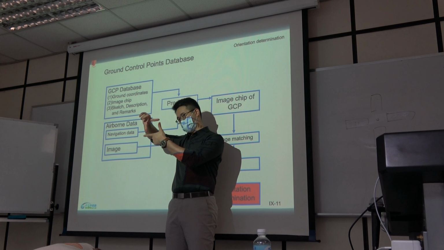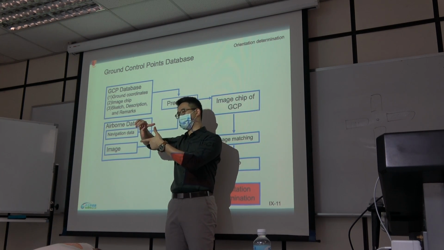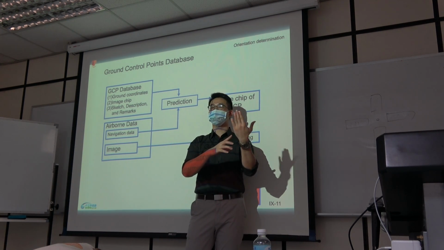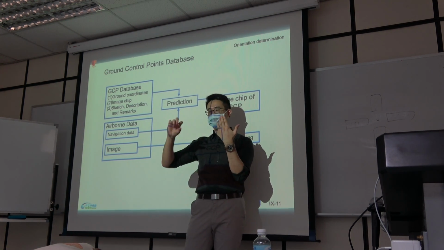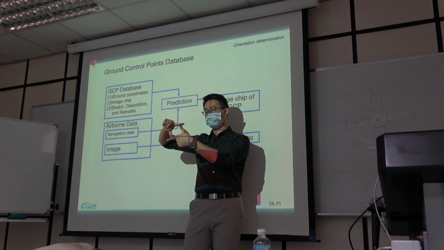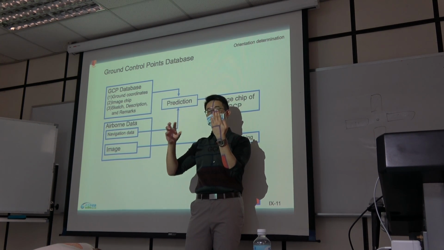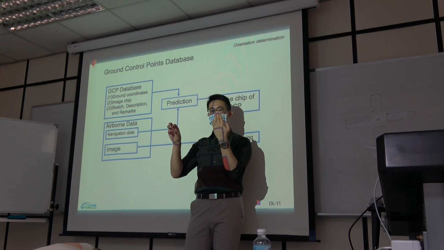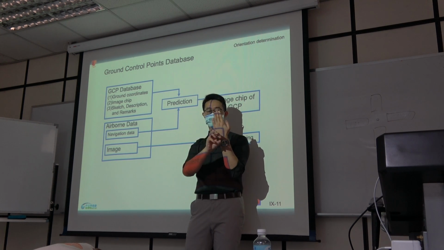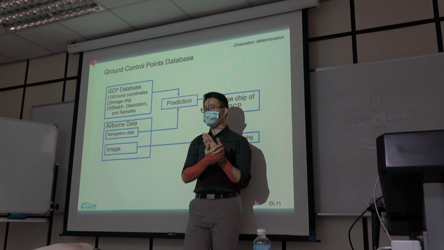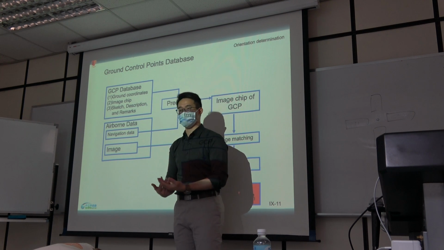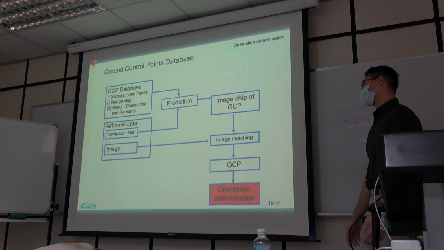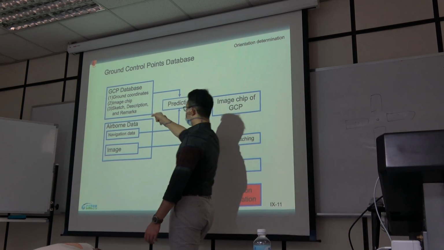It's a small image, and we can use that appearance to perform image matching with the new image that you have. So we have a small image chip, and then you have the whole image, and you want to find where that is on your image. With that information, you can perform the image matching and find out where that is. So it becomes a more automatic process, and reduces the labor loading.